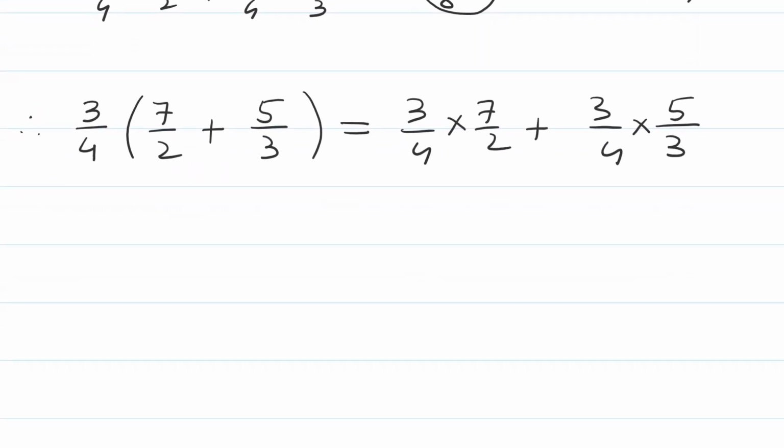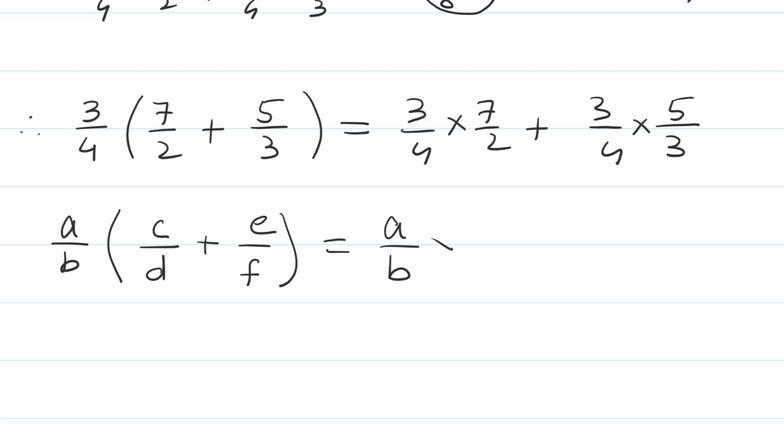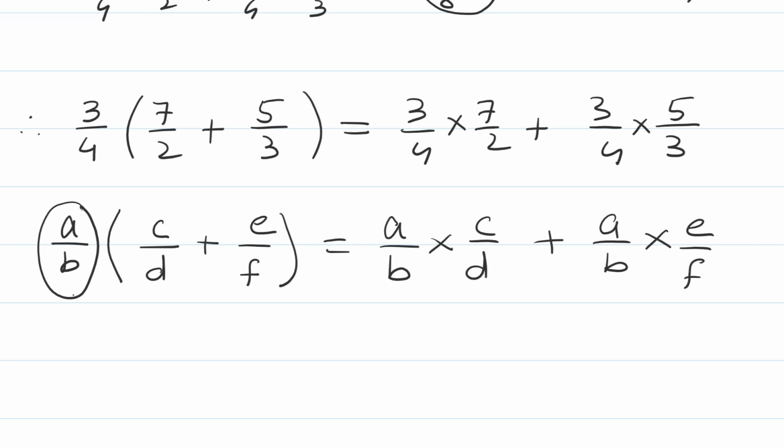So remember this property. If A upon B, C upon D and E upon F are any three rational numbers, then A upon B into brackets C upon D plus E upon F is always equal to A upon B into C upon D plus A upon B into E upon F. A upon B is the common factor, so multiply each term by the common factor.